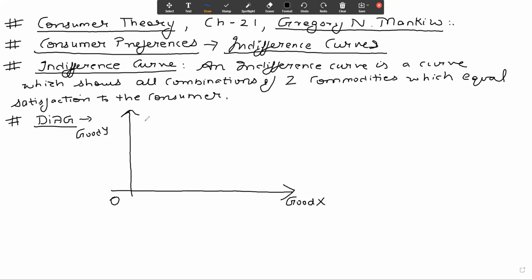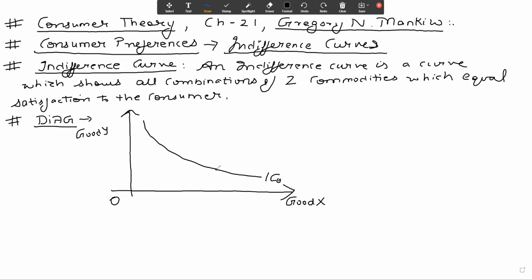Okay, so one particular indifference curve is something you can see on your screen, IC0. Okay, why is the indifference curve downward sloping? Why is it convex to the origin? I will be discussing in a few minutes. But right now, this is one indifference curve which you can see on your screen.